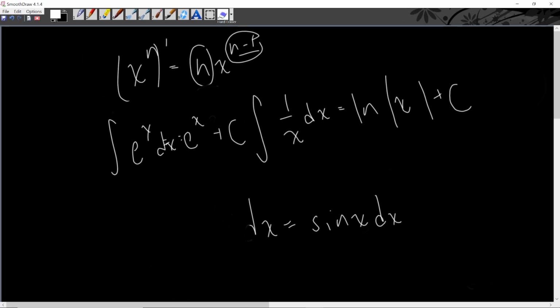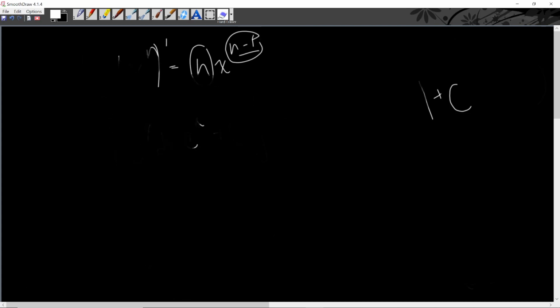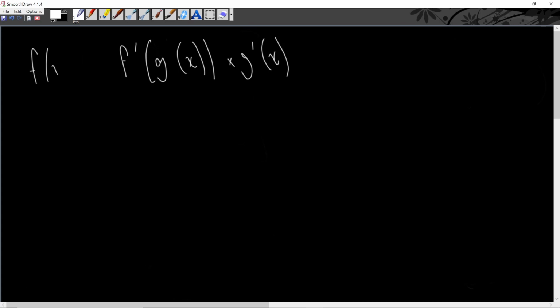And now I'm actually going to do the integral of tan x, and this one's going to be slightly more difficult because we're going to have to undo chain rule. Chain rule, like we touched on before, is f prime of g of x times g prime of x, which is equal to the derivative of f of g of x.